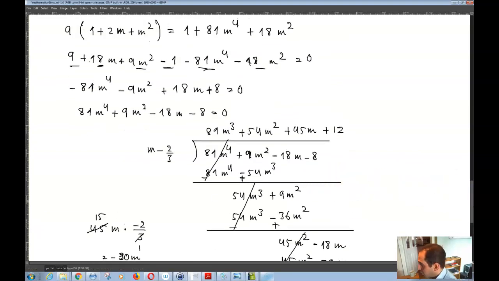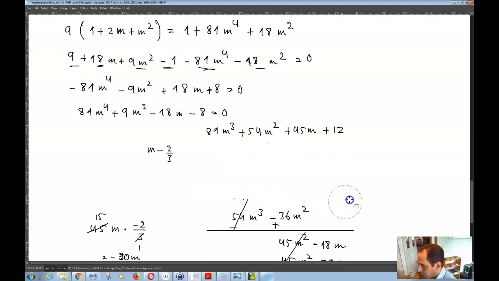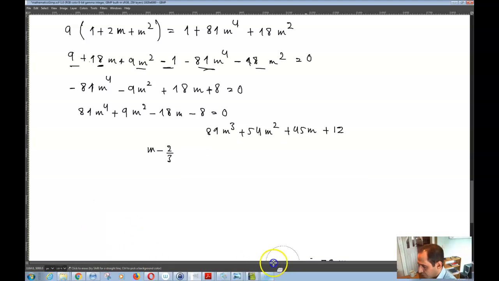So then your polynomial basically becomes this 3rd degree polynomial times m minus 2/3 is equal to 0.